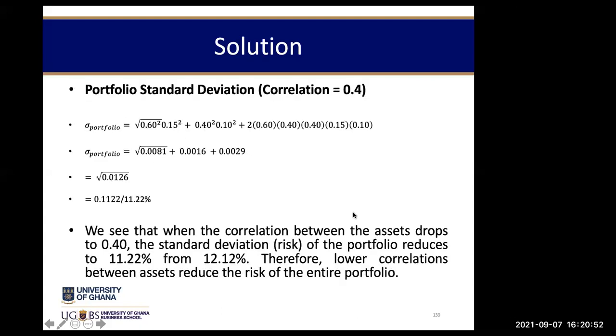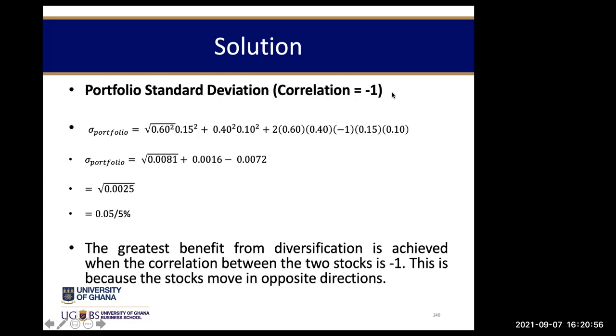When you reduce it to -1, it drops to 5%. So in portfolio theory, lower correlations or negative correlations are better.